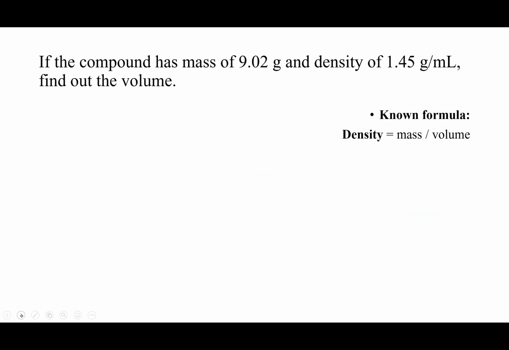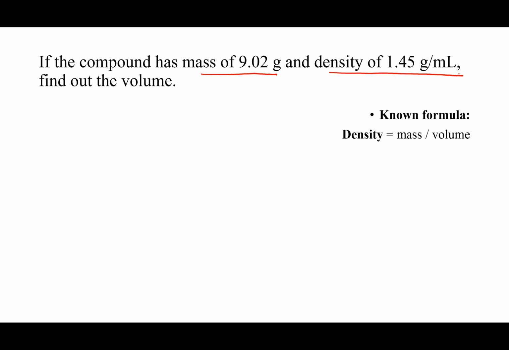So moving on. How are we going to use the formula that we talked about? Let's say the problem says, if a compound has a mass of 9.02 grams and a density of 1.45 grams per ml, find out the volume.